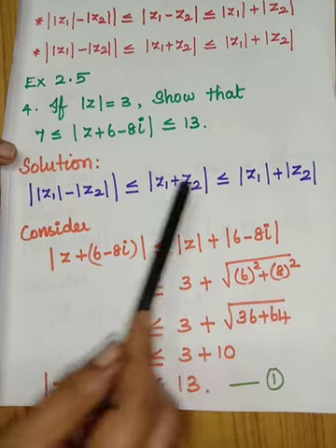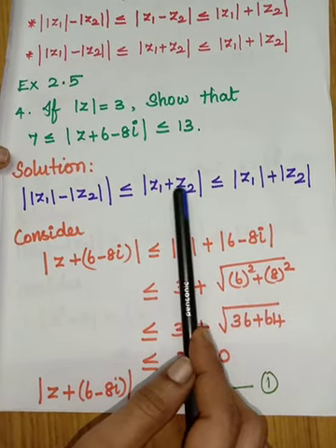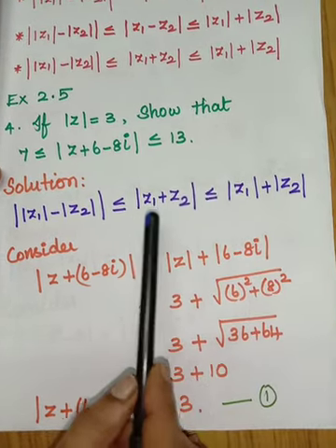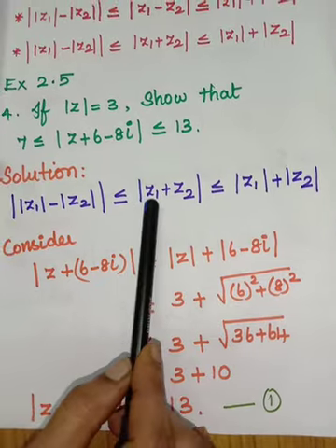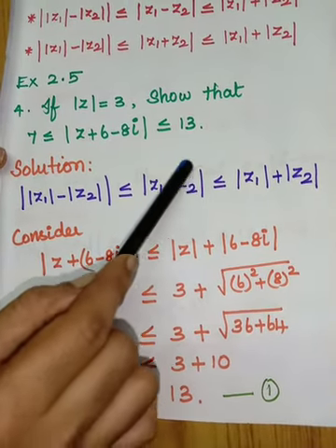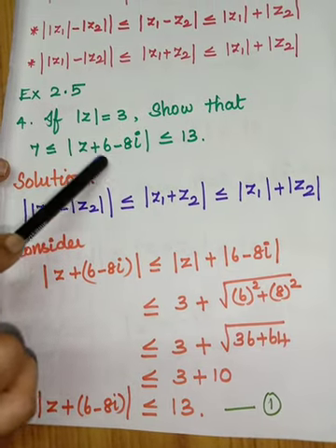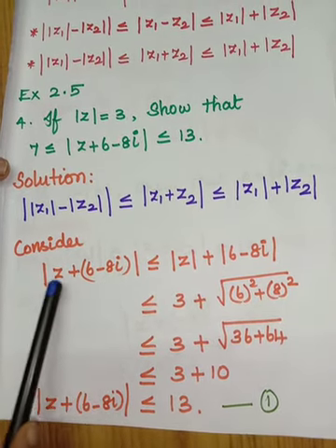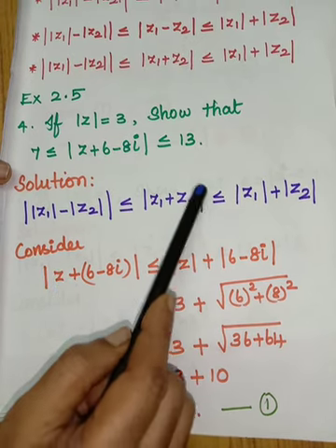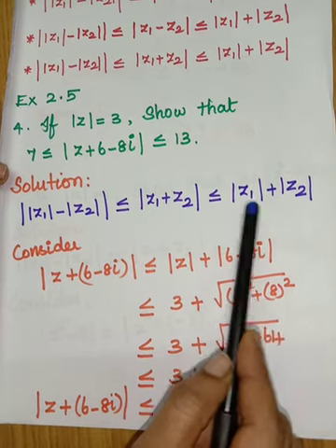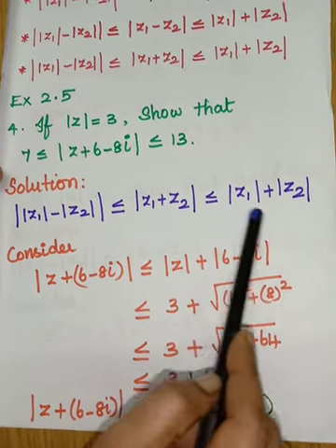Okay, so I am going to consider the second and the third term of this formula. Here, in the place of z1 I have written z, and in the place of z2 I have taken 6 minus 8i. So z1 is nothing but z and z2 is nothing but 6 minus 8i. Look at this: it is less than or equal to, what is the result here?